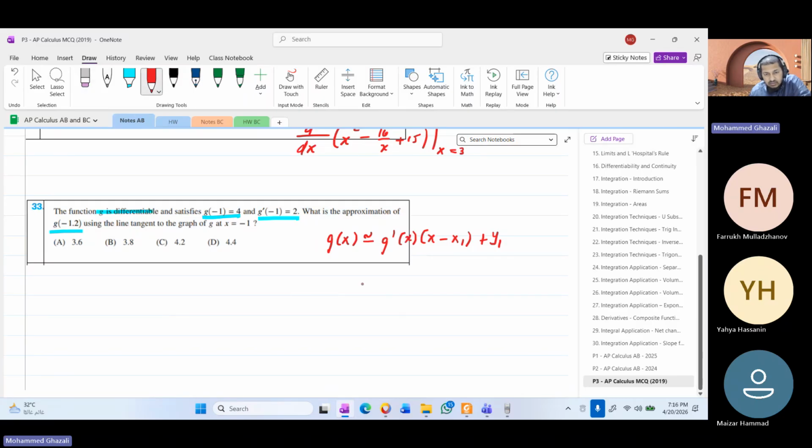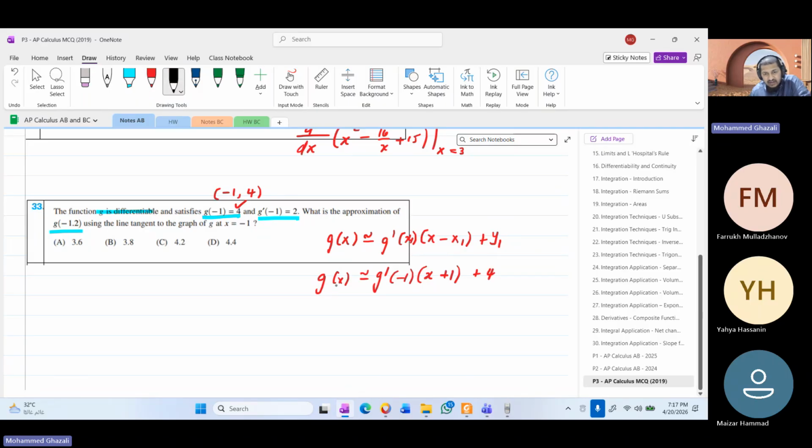Sorry, this is a linear approximation. So g of x is approximately g prime of -1 times x minus x1, yeah, this one should be x1, so x plus 1, and what's the y value at -1? It's 4, right? The x value is -1 and the y value is 4, so plus 4.